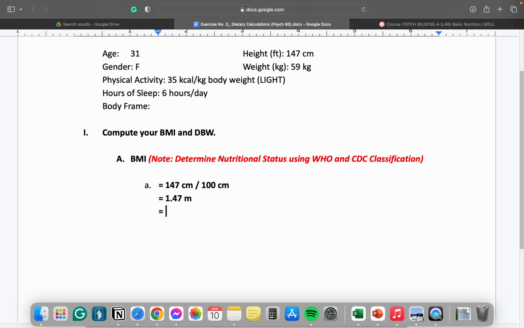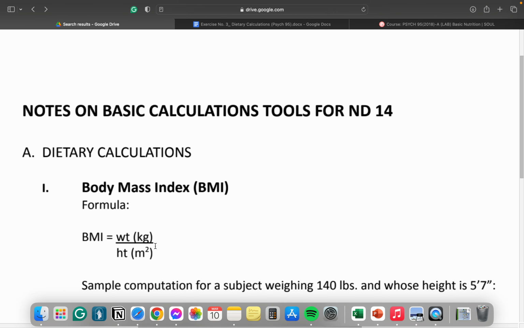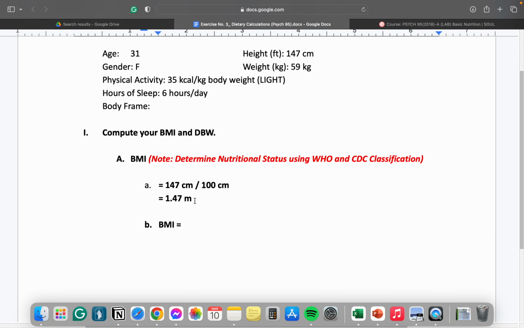You can also directly calculate for the square. There's actually just many ways to do that. You can either determine the meter squared for this, or you can just go directly to BMI and then solve for the meter squared. All right, so the formula again is weight in kilograms divided by height in meters squared.